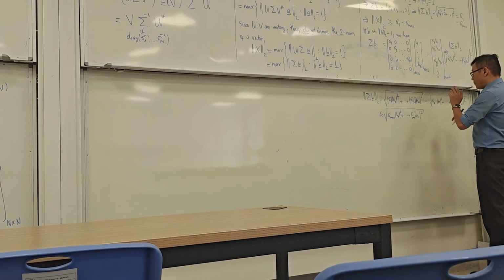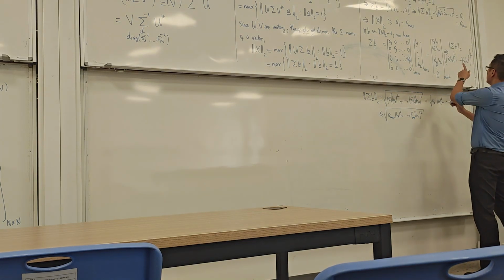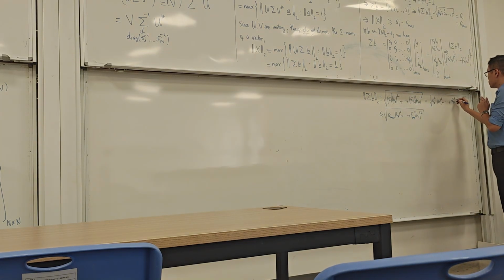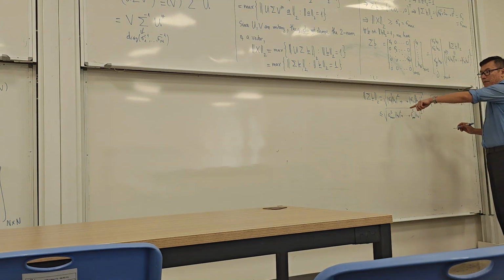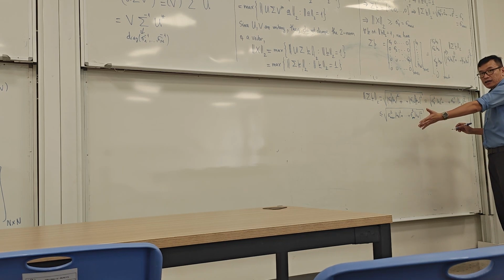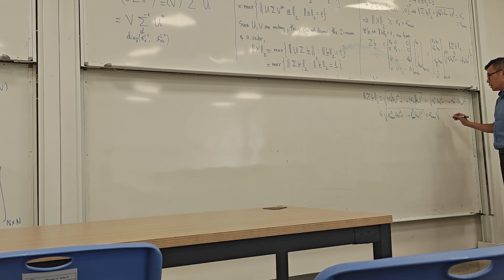Oh no, I missed something, right? Square here. So I put sigma max squared outside as a common factor, outside the square root, and this becomes sigma max multiplied by the square root of b1 squared plus so on plus bn squared.